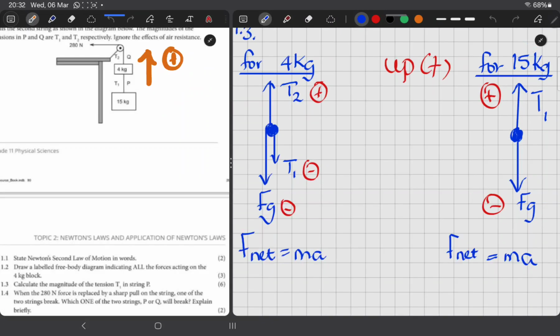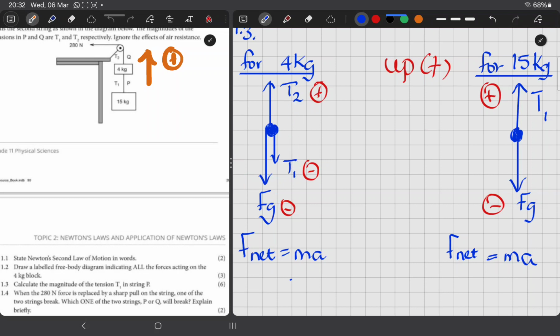We therefore apply Newton's second law for both blocks, for the 4 kg as well as for the 15 kg block. Then we will look at all the forces that are causing this block to accelerate or decelerate. If you look at 4 kg, it's T2, T1, and FG.